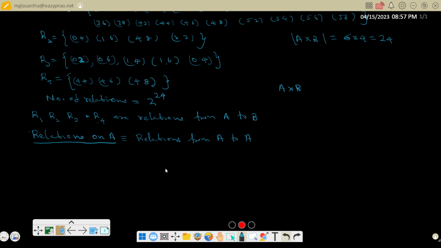So if you find anywhere relations on A, that means relations from A to A. Right? Then you need to find A cross A. If you want to write relations on A, you need A cross A.